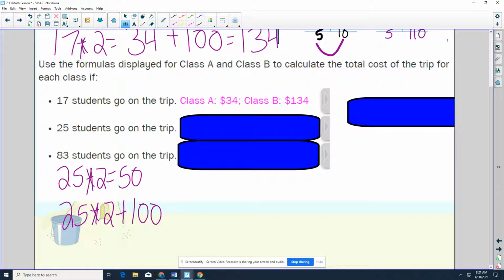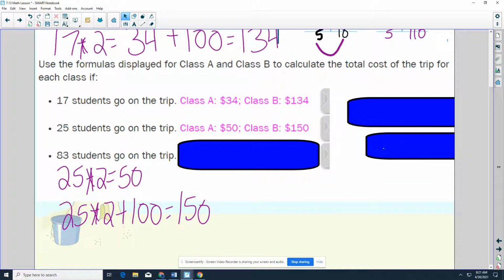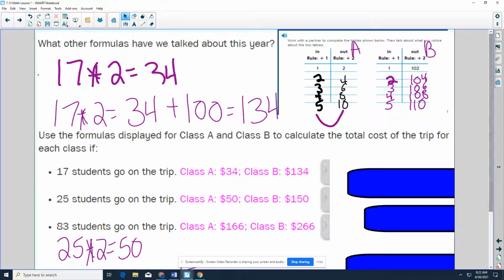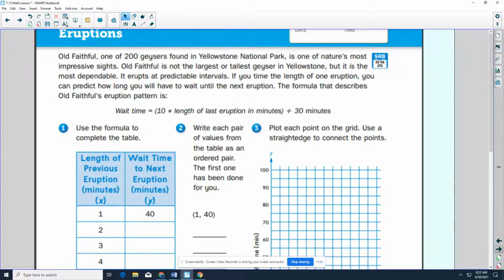A little order of operations there, multiplication before addition. And I get 150 students. So let's check to see if we got that. Okay, so hopefully you figured that one out. And then next one, we would say 83 times 2, which should give you 166. And then you add 100 to that, and you get 266. So hopefully you can see the pattern that we are following there.